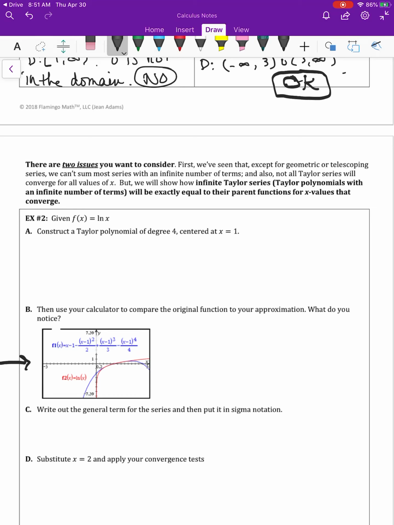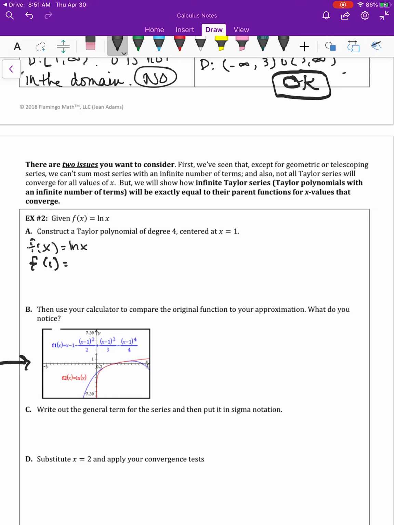All right, so example number 2. Given f of x equals ln x, construct a Taylor polynomial of degree 4 centered at x equals 1. So let's go ahead and practice that. We have our f of x.